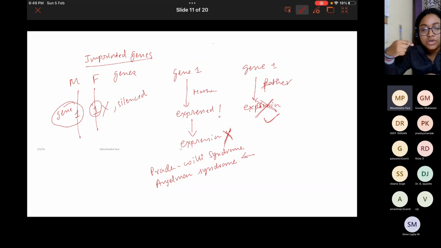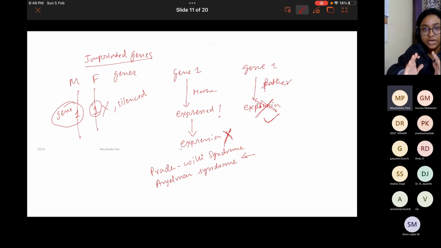The opposite is true for Prader-Willi. This region of chromosome number 15 has to come from the father's chromosome copy. If it is not being expressed from the father's chromosome, then Prader-Willi syndrome happens.